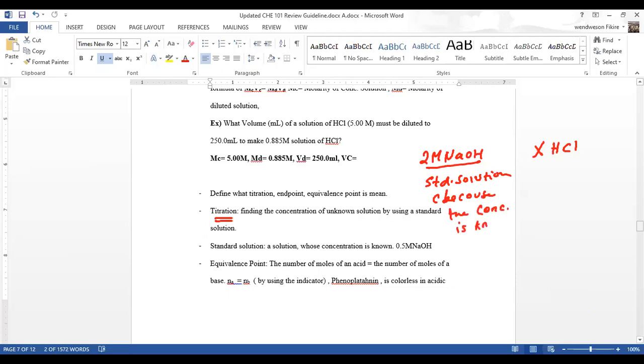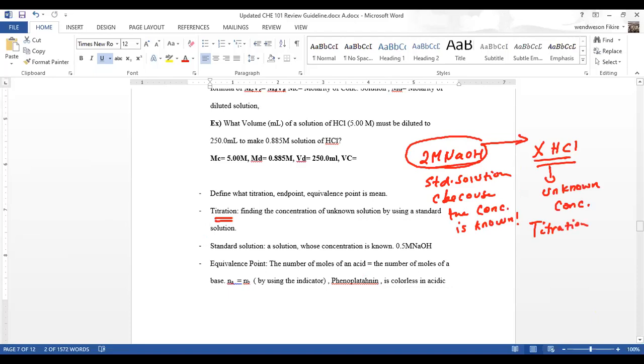Now the X hydrochloric acid has an unknown concentration. The whole idea of titration is that by using the standard solution, 2 molarity of sodium hydroxide, you determine the unknown concentration of hydrochloric acid.